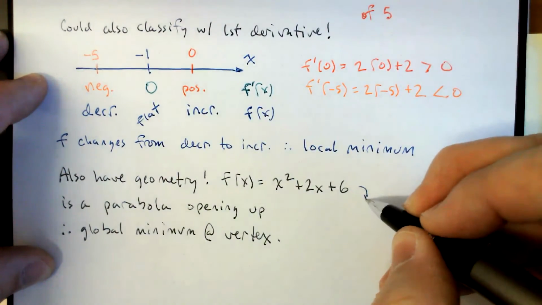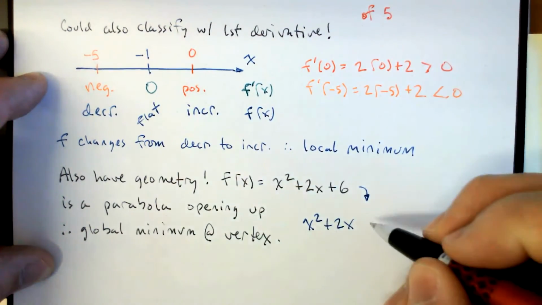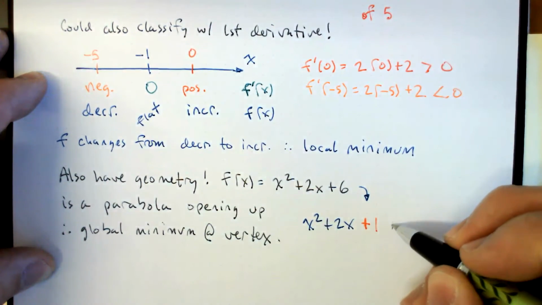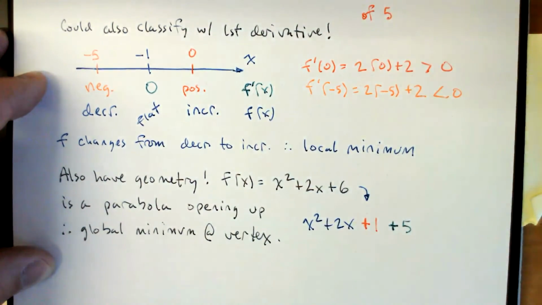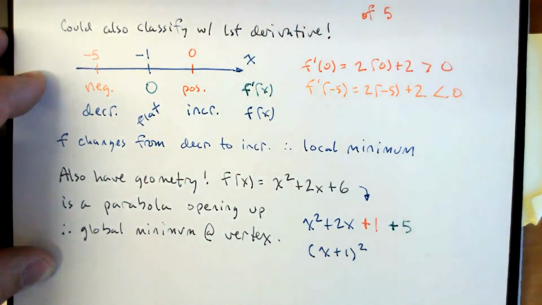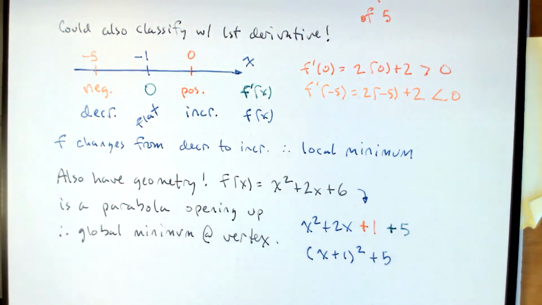So if I write this as x squared plus 2x plus 1 plus 5, just rewriting by completing the square, it's the square of the sum of x and 1, plus 5.